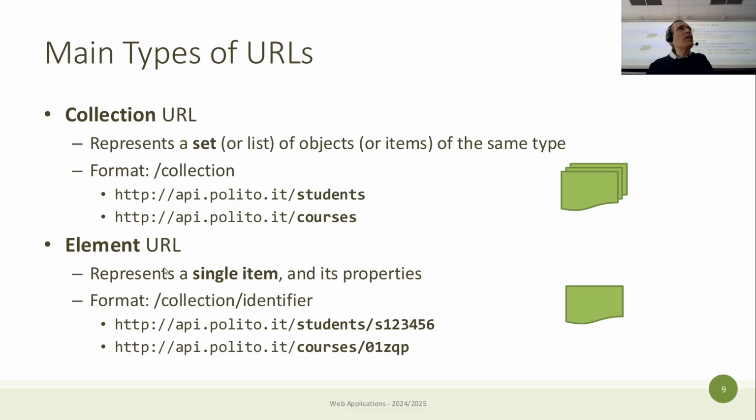When you need to represent single items in a collection, so in a list, you use the name of the list that you previously defined and an identifier, so slash with identifier, like students with the student number, student ID, and so on. Courses, it is its course code. Car, maybe a license plate, and so on.